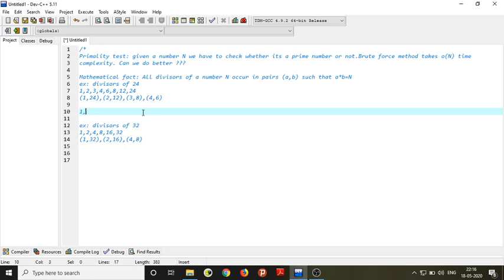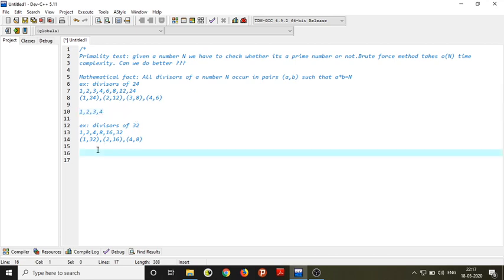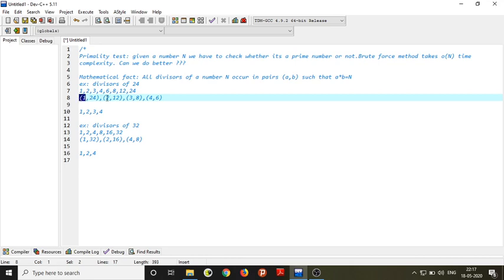We have 1, 2, 3, 4. And here for 32, the first numbers are 1, 2, 4.